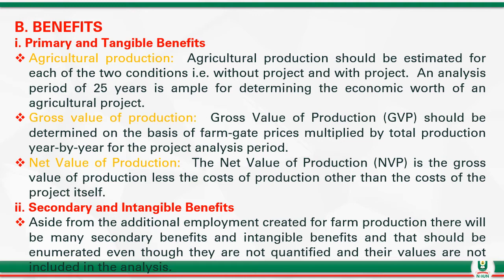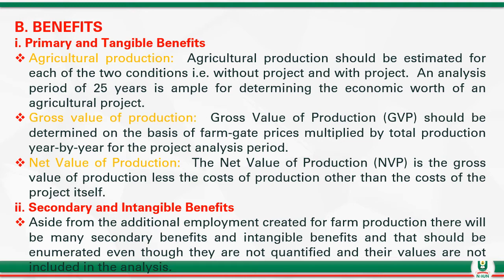Then we have here net value of production. The net value of production is the gross value of production less the cost of production other than the cost of the project itself. Then the secondary and intangible benefits. Apart from the additional employment created for farm production, there will be many secondary and intangible benefits, and they should be enlisted or enumerated, though they are not quantified and their values are not included in the analysis.